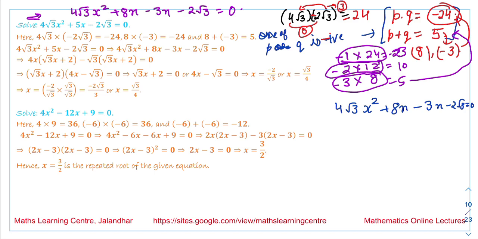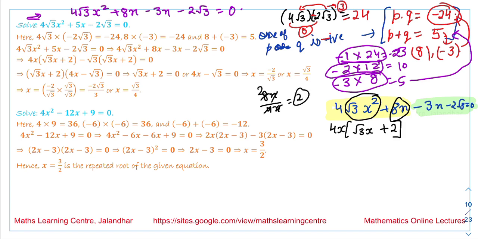Now from the first two terms, we take 4x common, and we will see what we can take common from the other two terms. If I take 4x common, what I am left with is root 3 times x plus 2, and from 8x, taking 4x common, I am left with this 2.